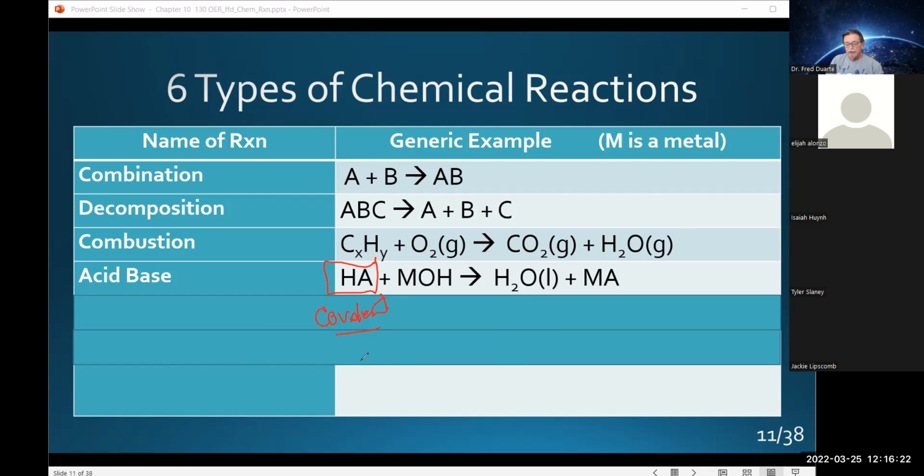So things like, for example, hydrochloric acid. Recall I mentioned that one of the differences between an ionic compound and a covalent compound is that when you take an ionic compound and dissolve it in water, it will dissociate. Some of the ionic compounds dissociate 100%, therefore they are a strong electrolyte. Some of them, depending on the solubility rules, dissociate much, much less and therefore are classified as insoluble.